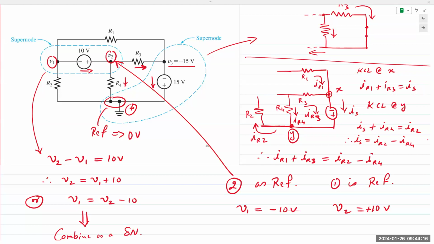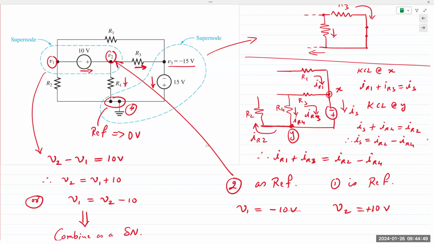Let's take a pause while you write it down and think over that. All I did was I applied KCL at both ends of that voltage source.